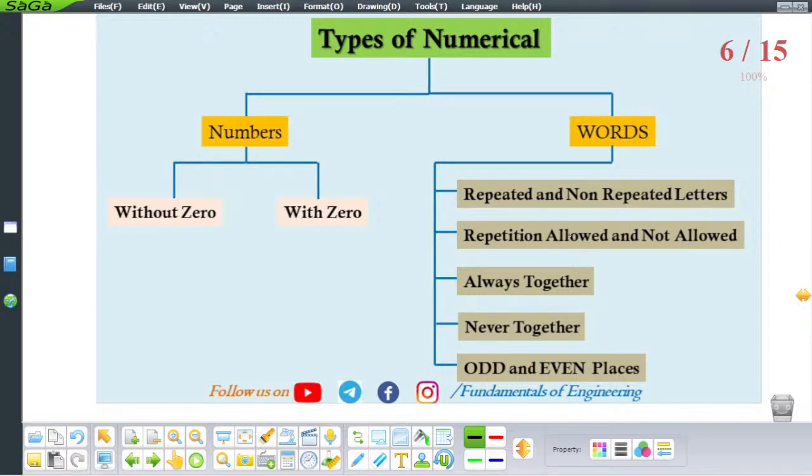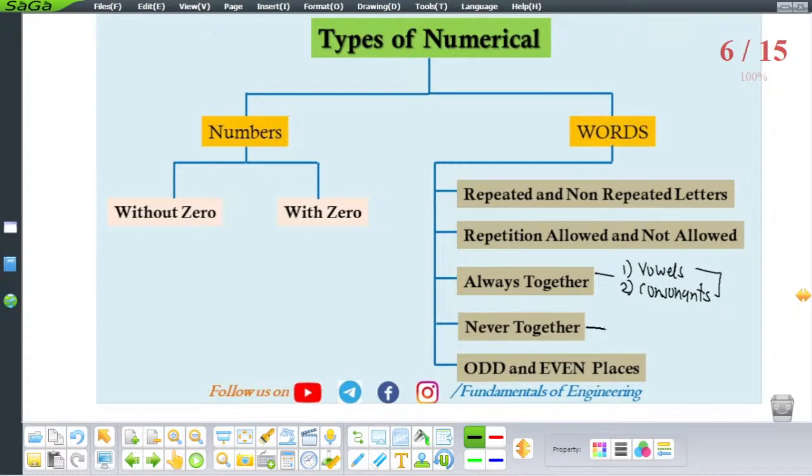Then always together. Always together means what? In words we have vowels and consonants. Every word is a combination of these two, vowels and consonants. When the vowels are always together, how we can arrange the words, and when the consonants are always together, how we are going to arrange the word, we are going to discuss in the word type of problem.